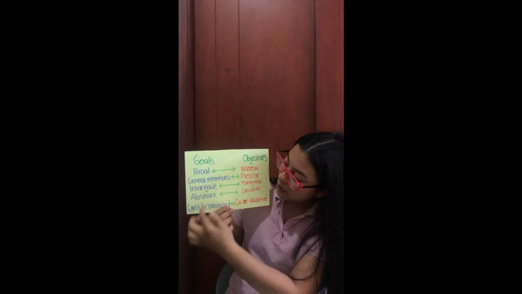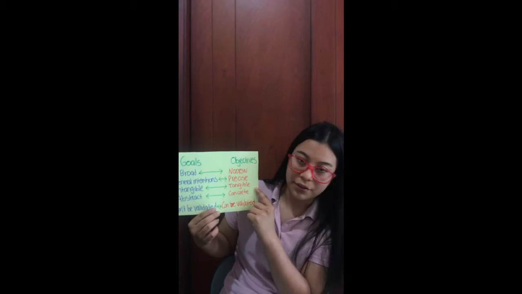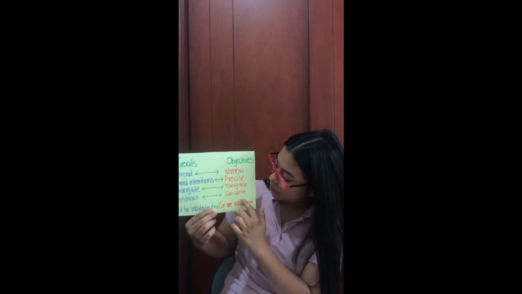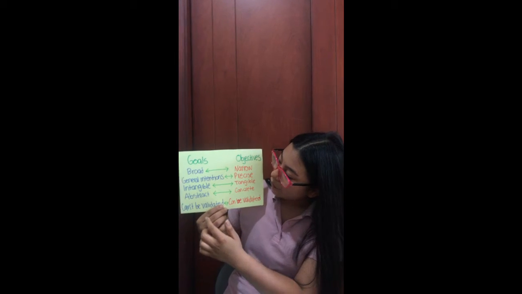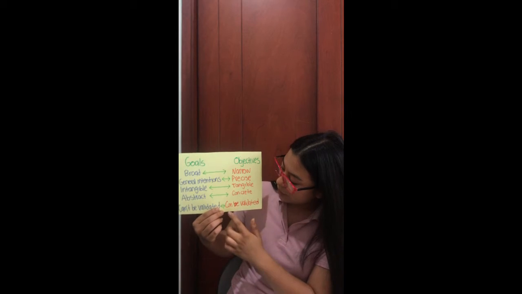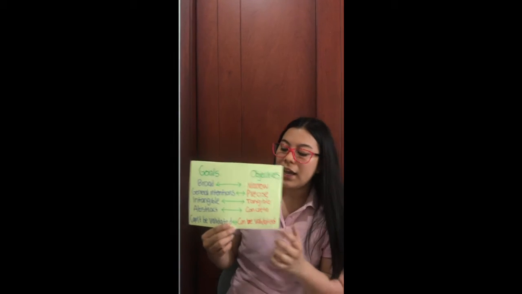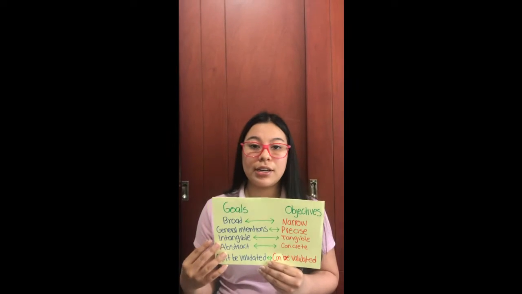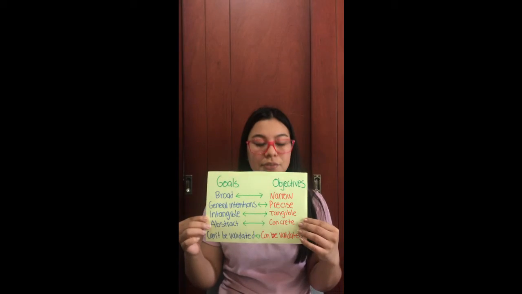The goals are intangible and objectives are tangible. And the goals are abstract while the objectives are concrete. And finally, the goals can be validated and objectives can be validated. And based on that, we can say that goals are non measurable and objectives are measurable.